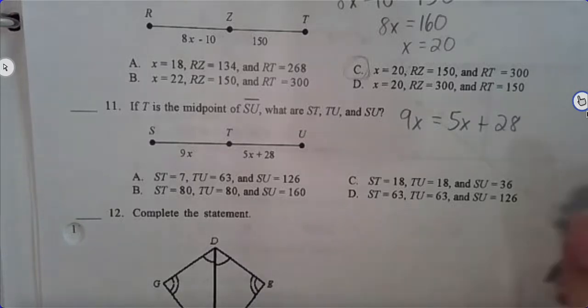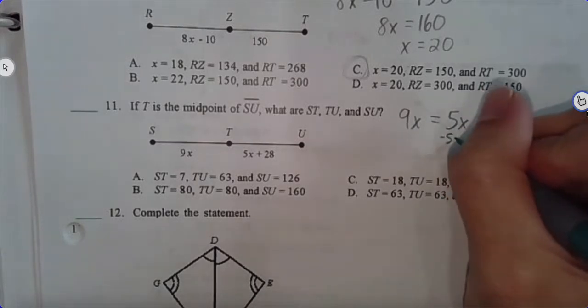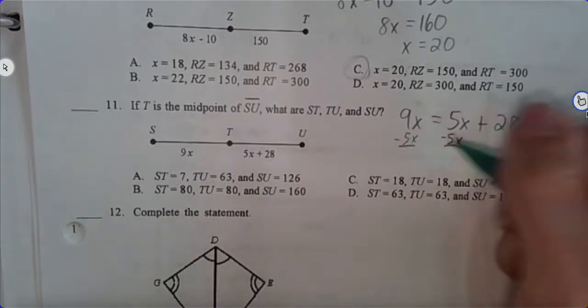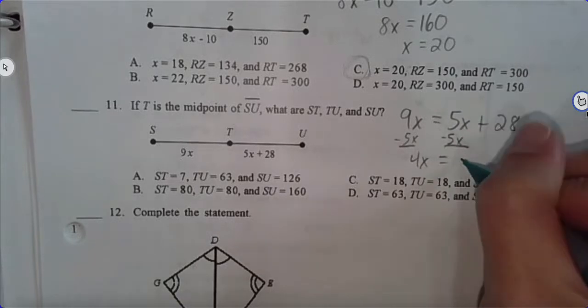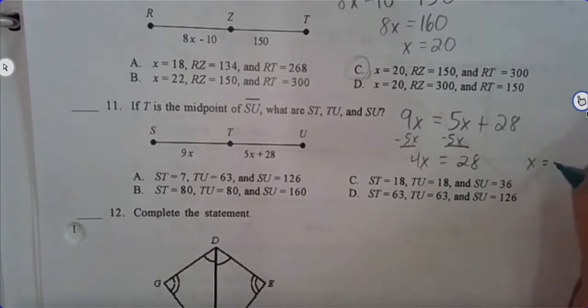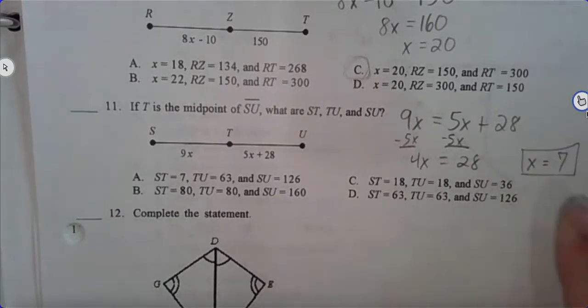So subtract 5x. I set them equal, and now I'm just solving. So I get 4x equals 28. Divide by 4, and my x is 7. Be careful, x is 7. That's not my answer. Any questions on how I got 7?